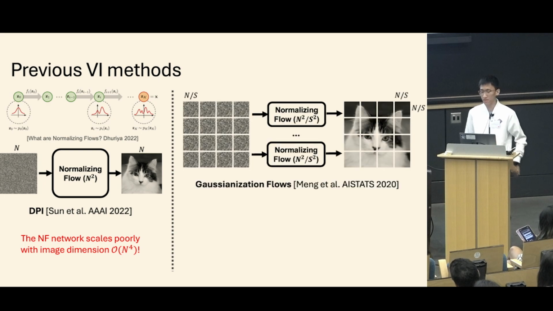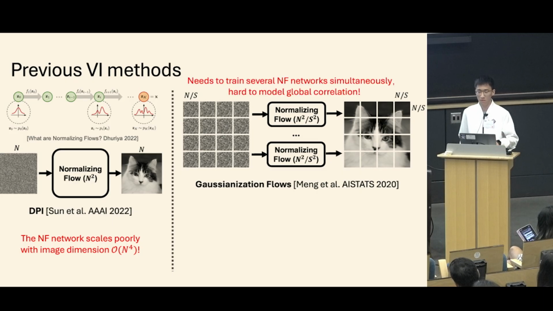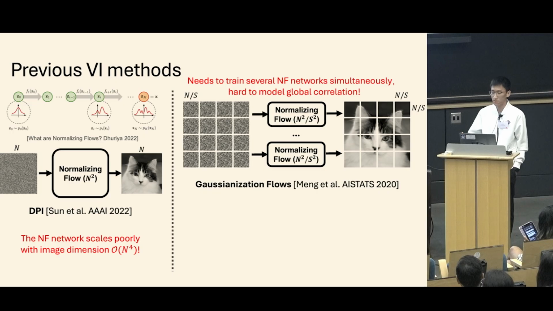To mitigate this, some works decompose the image into patches and use smaller normalizing flow networks for individual patches, and then combine these patches back into a full resolution image. The problem with these works is that you need to train several normalizing flow networks simultaneously, and it's very challenging for these separate networks to model the global correlation across the patches.